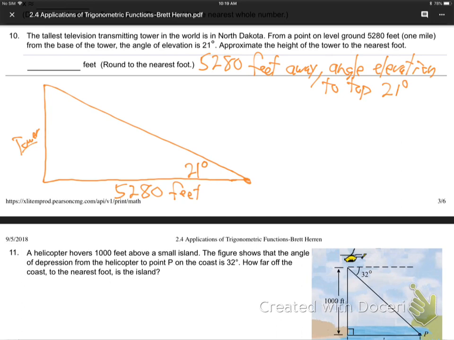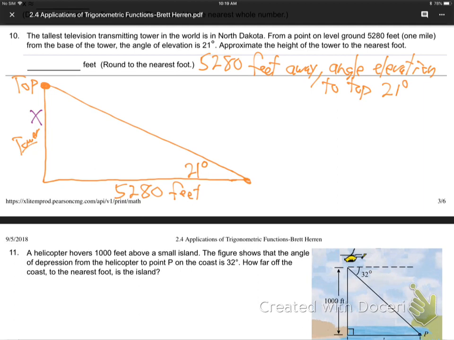So here's the top of the tower, like that. That's what they're saying, and they want me to find how tall is the tower. Call this X. How tall is the tower?